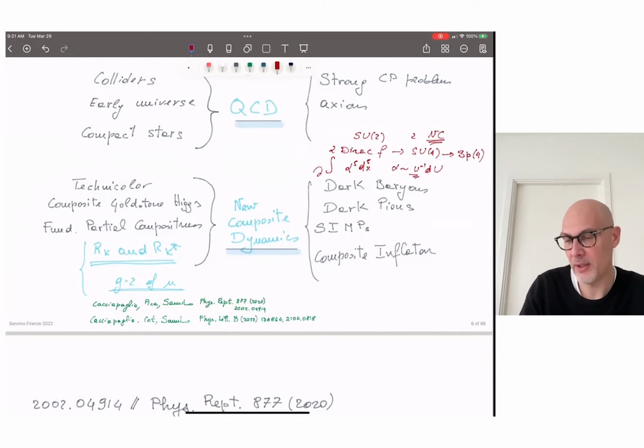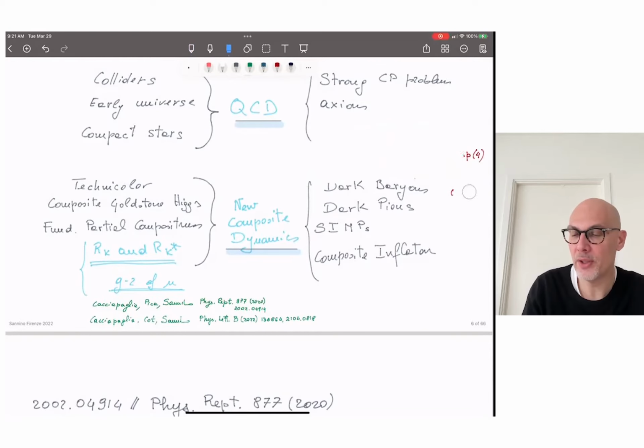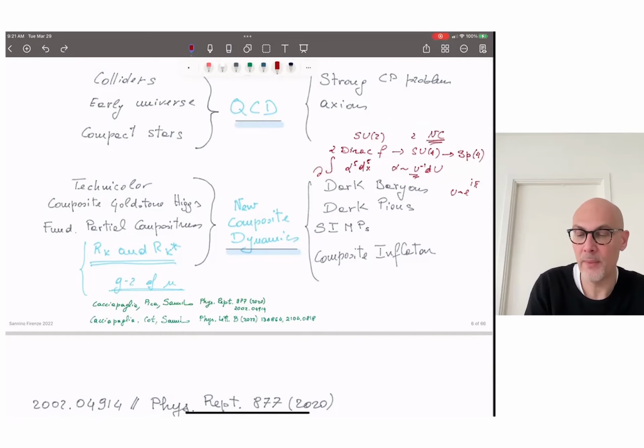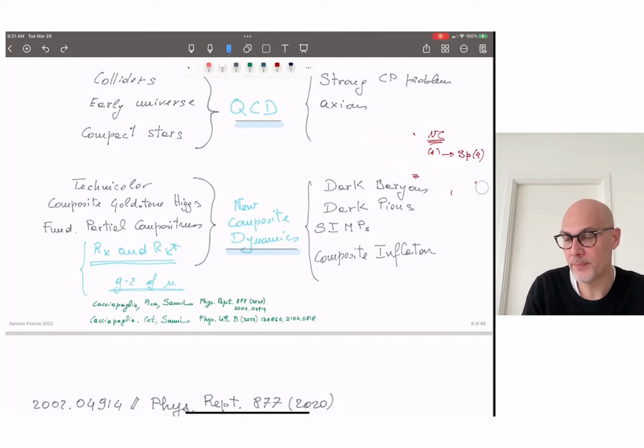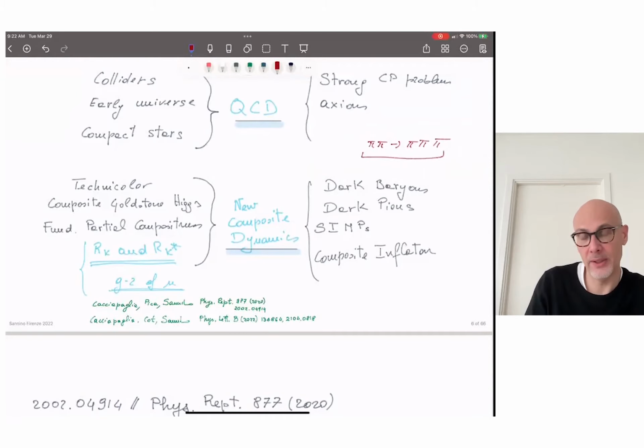Sorry, U is e to the i pi. Because of that, you can show that this operator leads to number changing interactions, indeed pi pi going into pi pi pi. So you can generate the dark matter through this interaction.